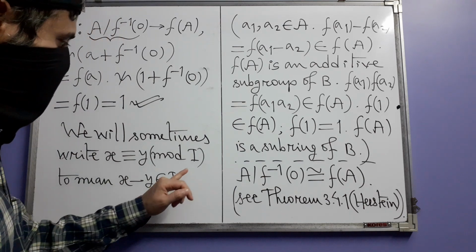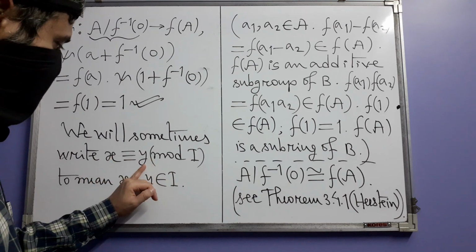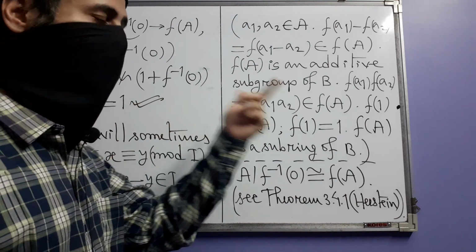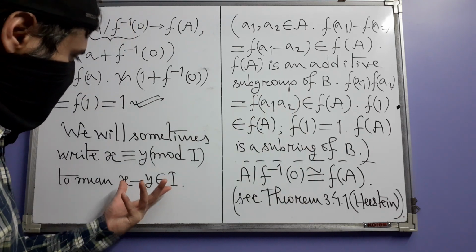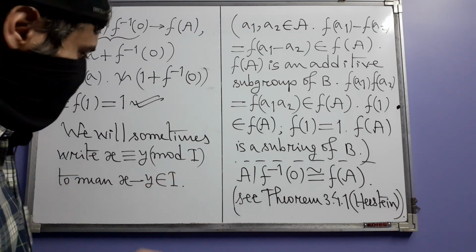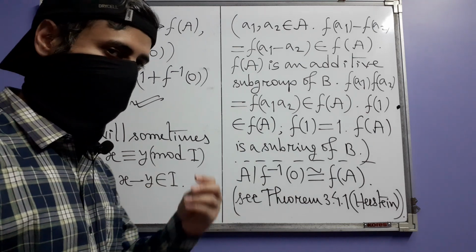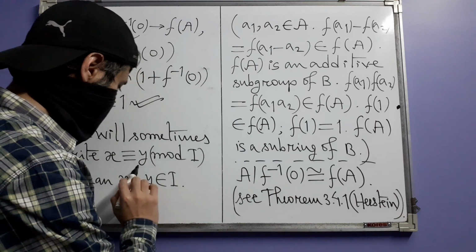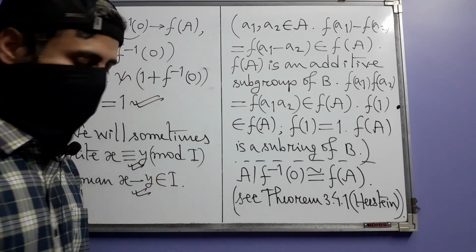And that equivalence relation had a subgroup here, and of course, elements here. Instead of having x minus y, there we had x y inverse belongs to the subgroup. Same thing here, because I is an additive subgroup of A, and in the additive subgroup, x minus y simply is just x y inverse. So instead of writing like this, sometimes we will write like this.